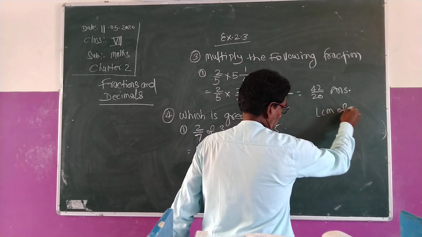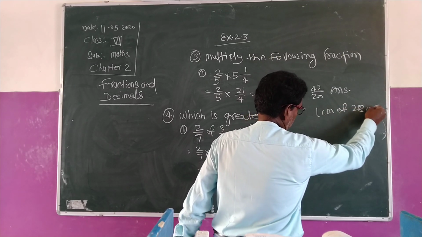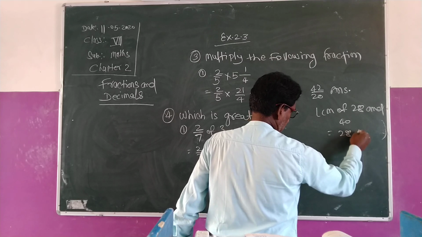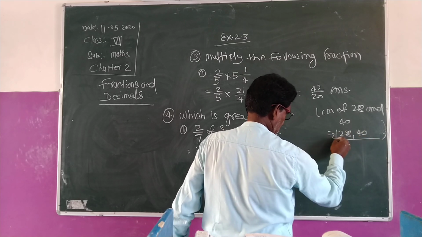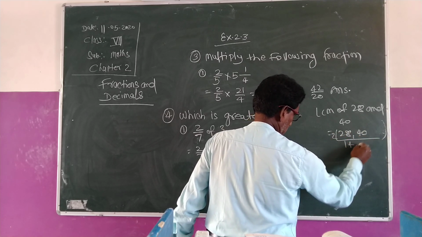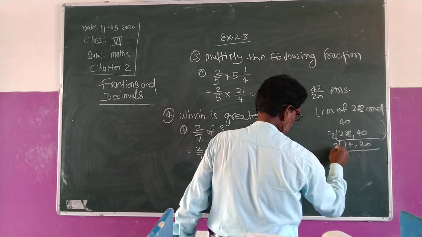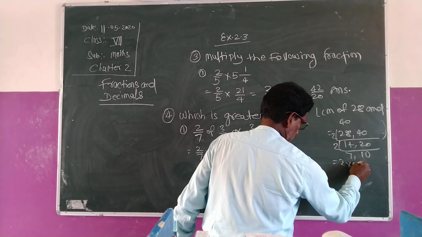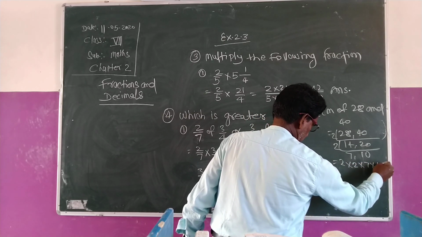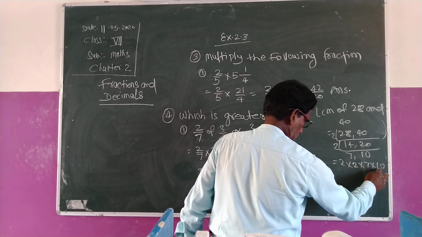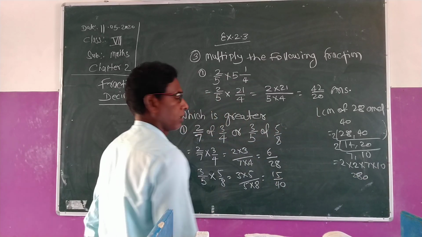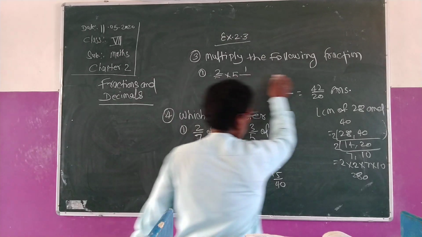The LCM of 28 and 40 is 2 into 2 into 7 into 10, which is 280.